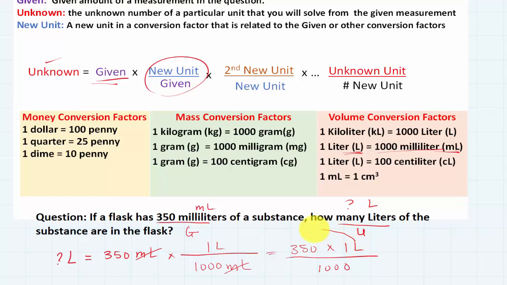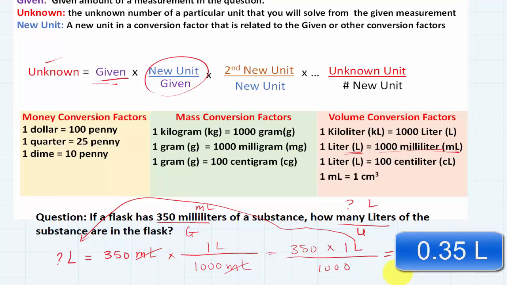And liter is the unit of our unknown, which is the unit that we are looking for. And that's how we know that our answer is complete, because we got our unknown unit. We plug this in the calculator, 350 divided by 1,000, and that would give us the answer. Isn't that easy? So notice again, we get our final answer with the unit of the unknown, which is exactly what we're looking for.